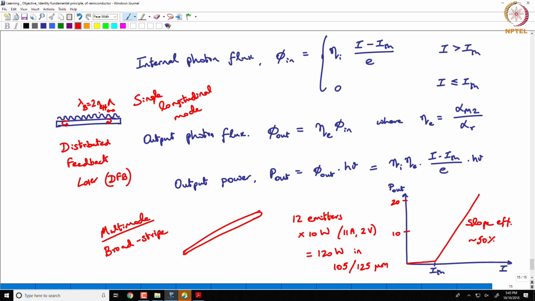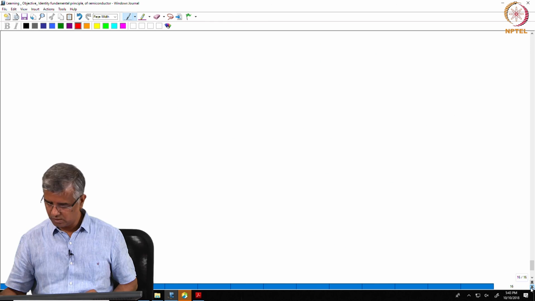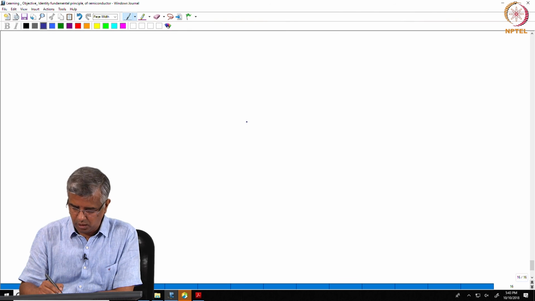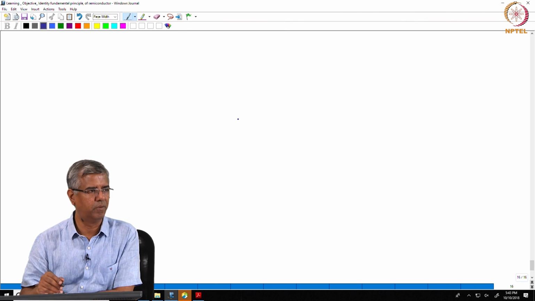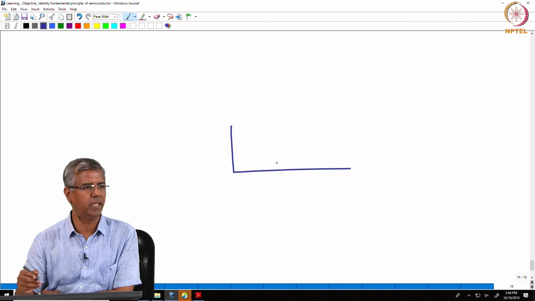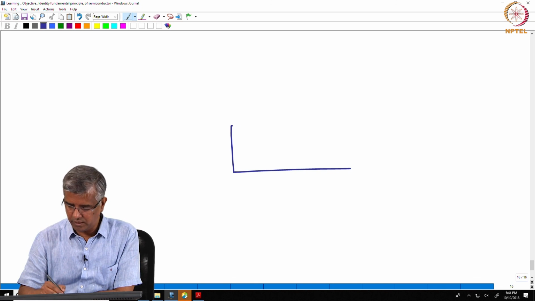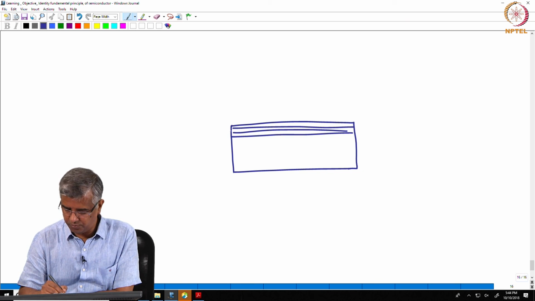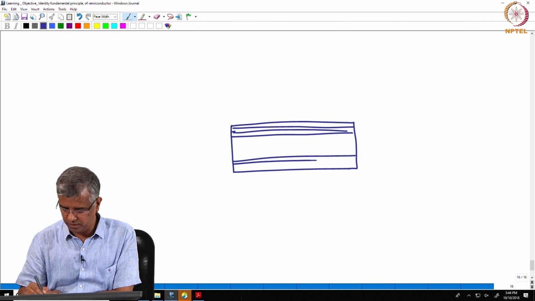Yes, the question is about VCSELs. VCSELs are essentially what we talked about yesterday, vertical surface emitting lasers. Yesterday we talked about surface emitting LEDs, but in this case you can put a periodic layer over here and periodic layers, high and low refractive index layers, over here.